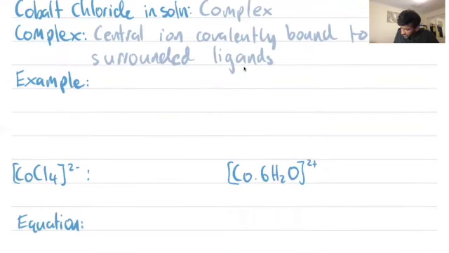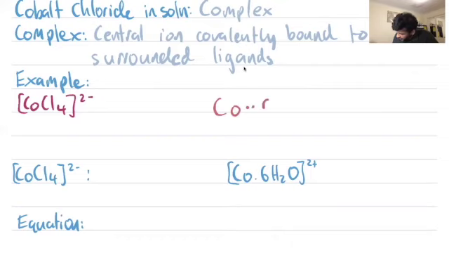The example I'm going to show you, because it's one we're going to use anyway, is CoCl4, which has a charge of 2 minus. The reason it has a charge of 2 minus is cobalt is 2 plus and Cl4 is 4 minus. In this case, we would have cobalt in the middle as my central metal ion, with a charge of 2 plus, surrounded by my chloride ions, and each chloride ion covalently bonds to my central cobalt.